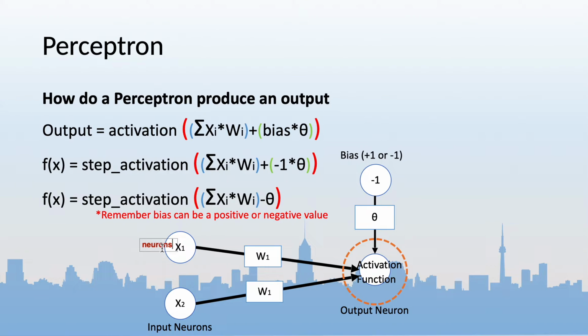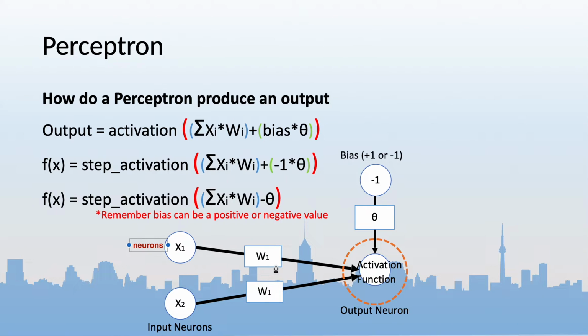Neurons are connected, and this connection links to the output neurons. This is the input layer and this is the output layer. Between the inputs and output, we have connection links which have weights, and these weights need to be adjusted or updated.